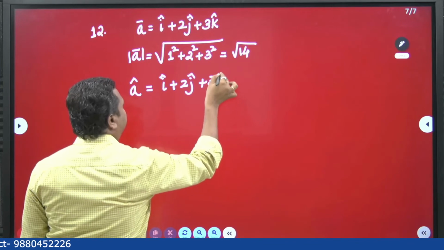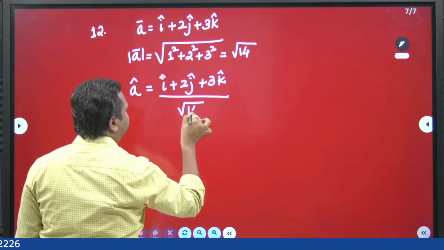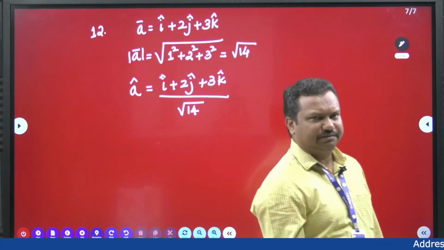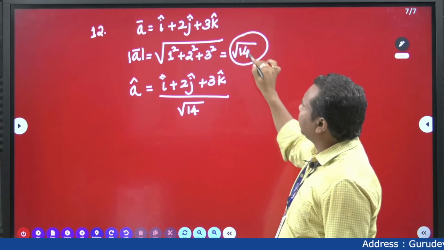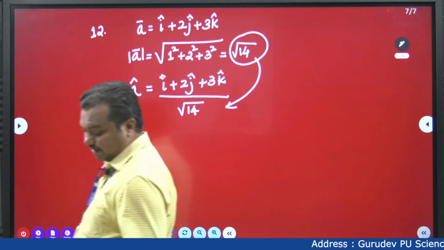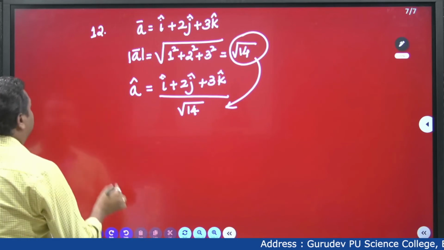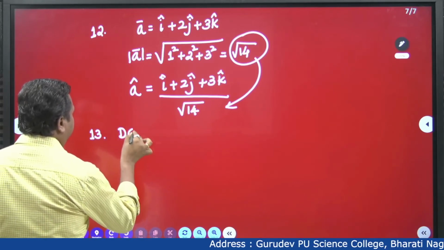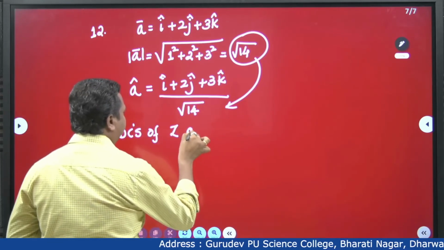You take any vector, it's all about dividing it by its own magnitude. This is very, very important. Clear? So we call it a unit vector. Next question. Write the direction cosines of the z axis.